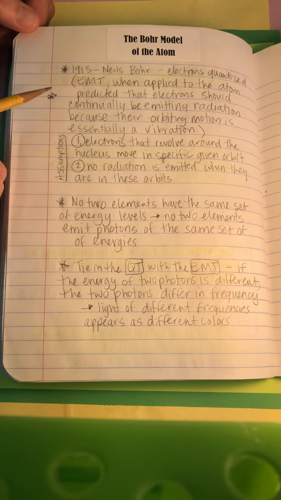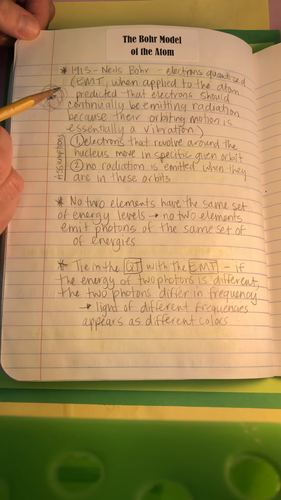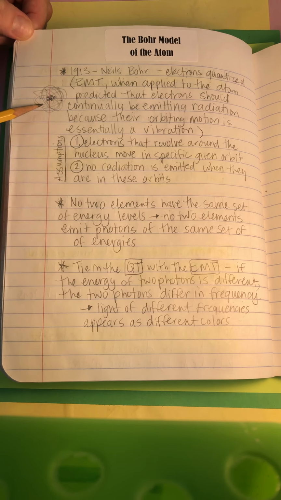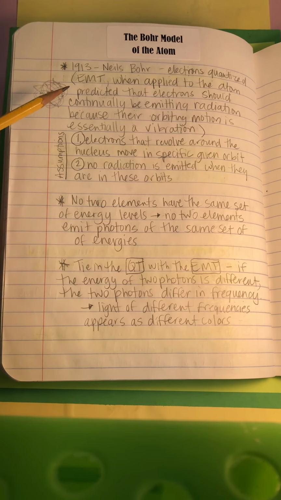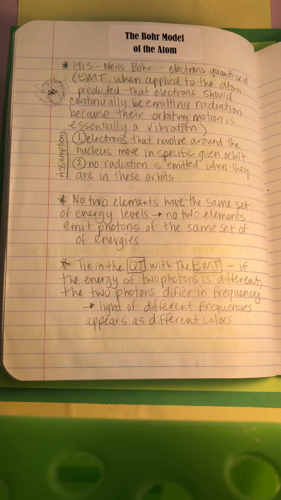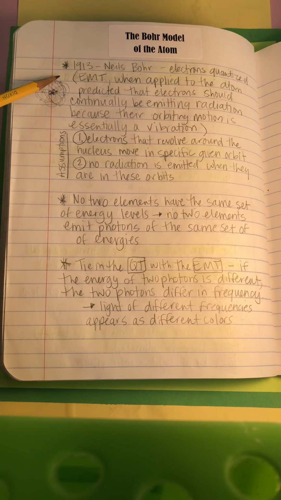In my Bohr model, I've got all of these orbiting electrons flying around. So what they were saying is basically, if these electrons are orbiting around the nucleus, because of this continual rotation, it's essentially a vibration between these positive and negative charges.